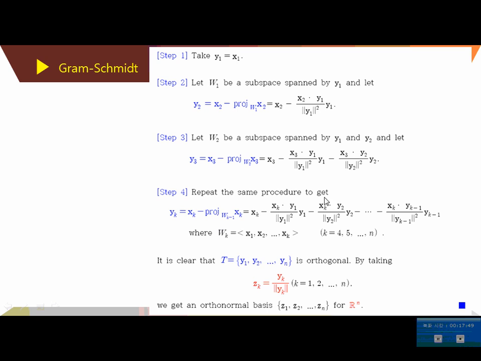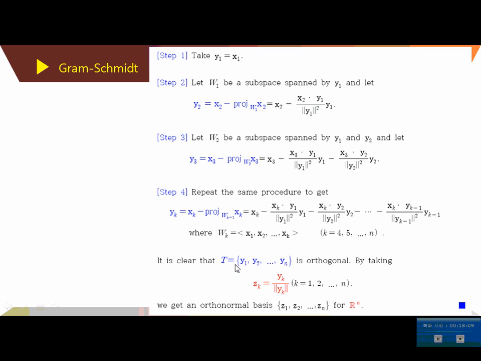And repeat the same procedure to get yk as xk minus the projection of xk onto Wk-1. Then this yk is orthogonal to y1, y2, y3, up to yk-1. So we have all orthogonal vectors.